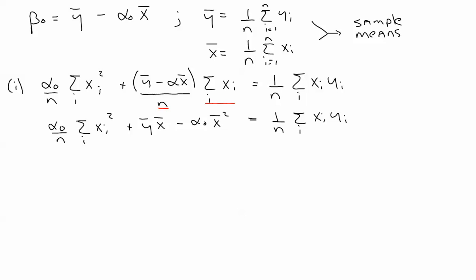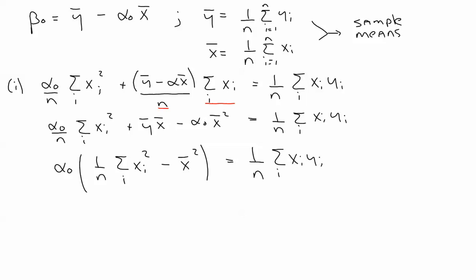And pull some terms together. I get alpha naught times 1 over n summation over i of x_i squared minus x bar squared, and that's equal to 1 over n summation over i of x_i y_i minus y bar x bar.